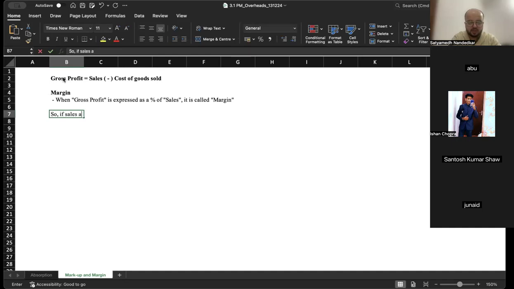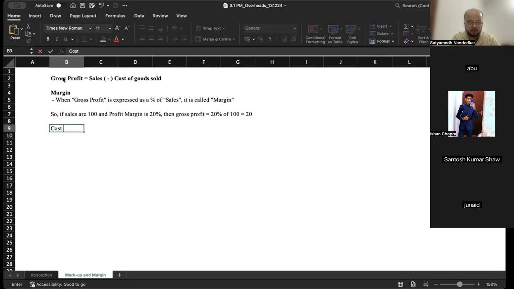So, if sales are 100 and profit margin is 20%, then gross profit equals 20% of 100, that is 20, and cost of sales will be 100 minus 20, that is 80.